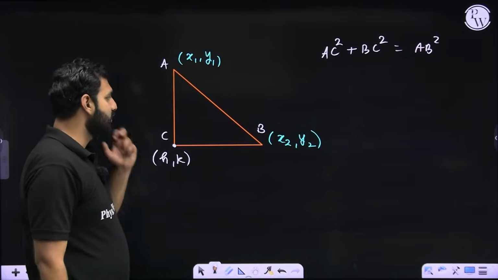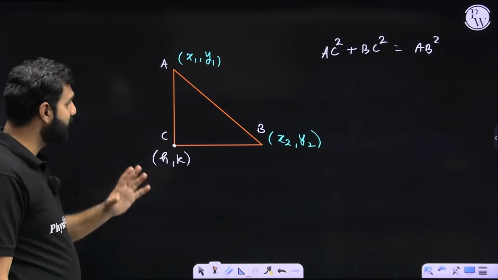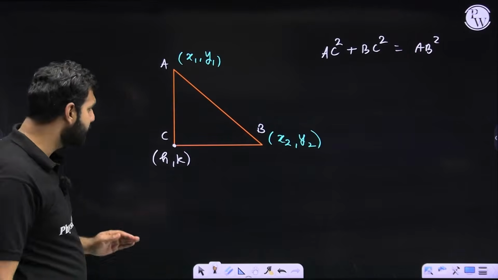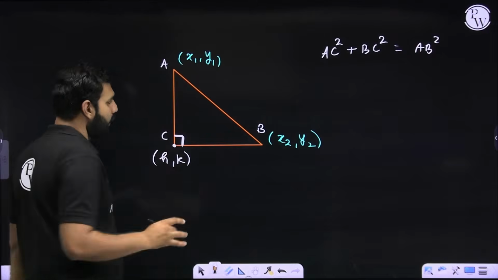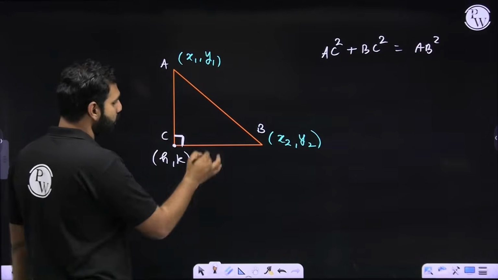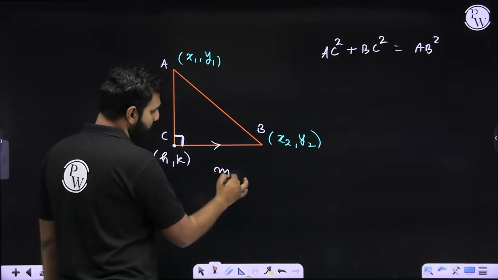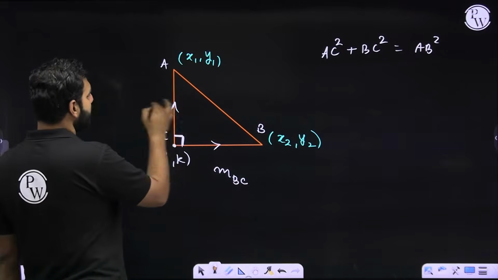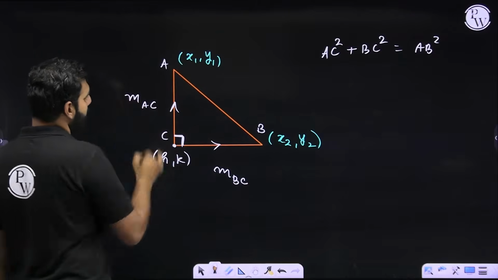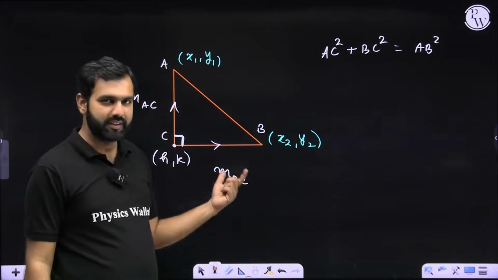The second relation which you can create is the very simple phenomenon that here, since this is a 90-degree angle, what you can do additionally is find the slope of this line. Let us denote it by MBC. You can find the slope of this line. Let us denote it by MAC. And we know that both of these lines are perpendicular.